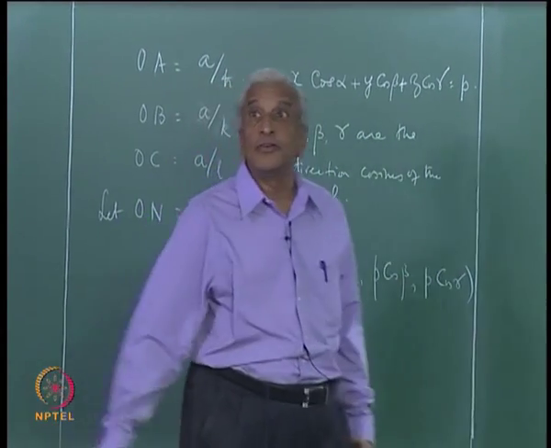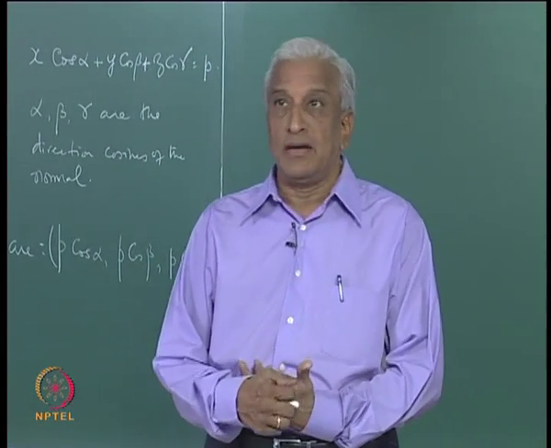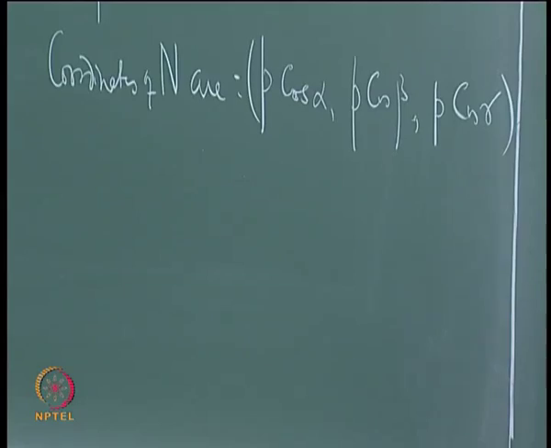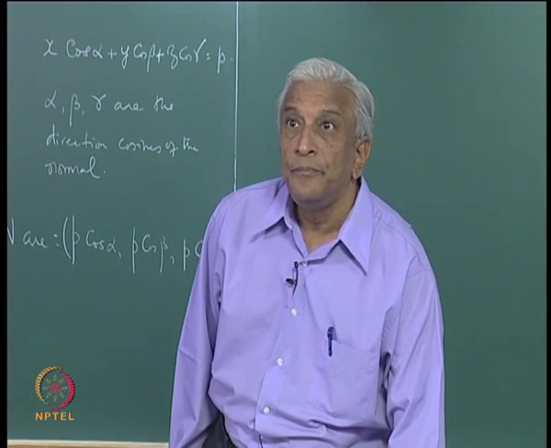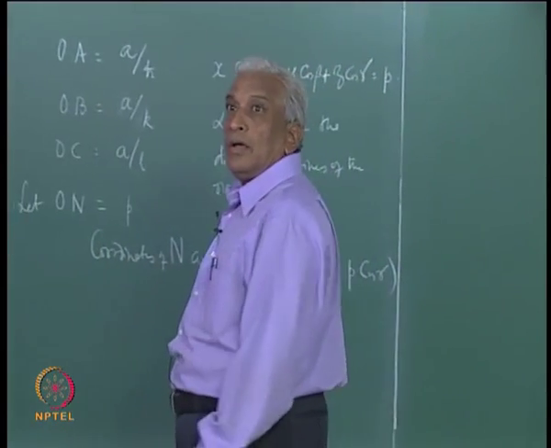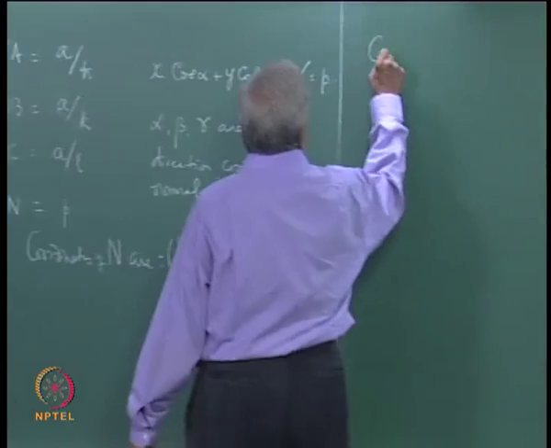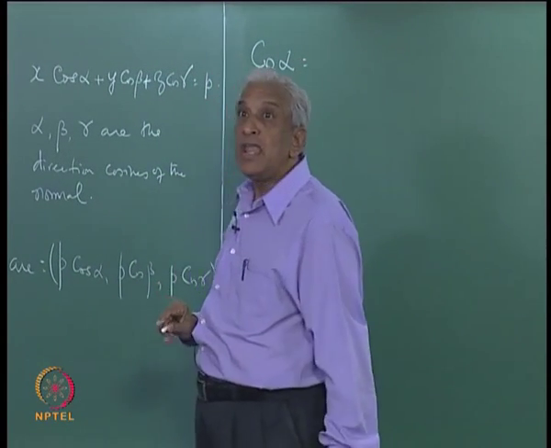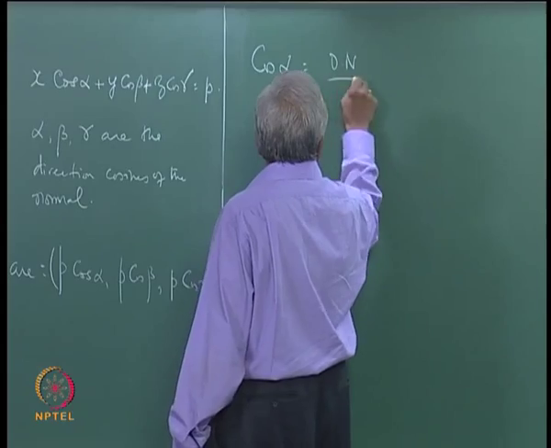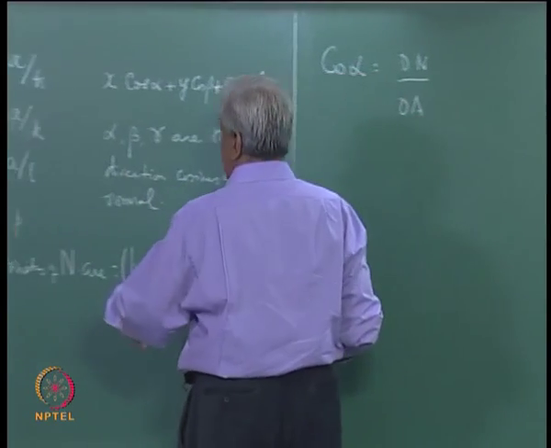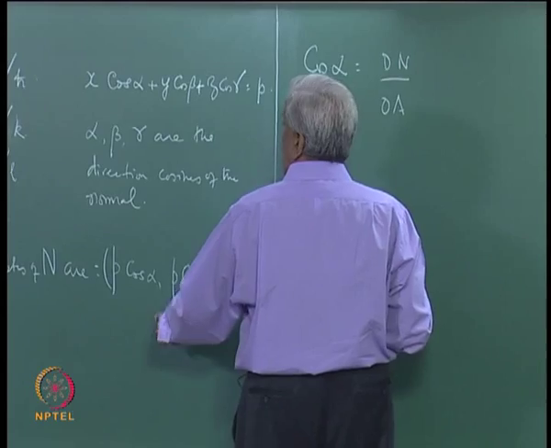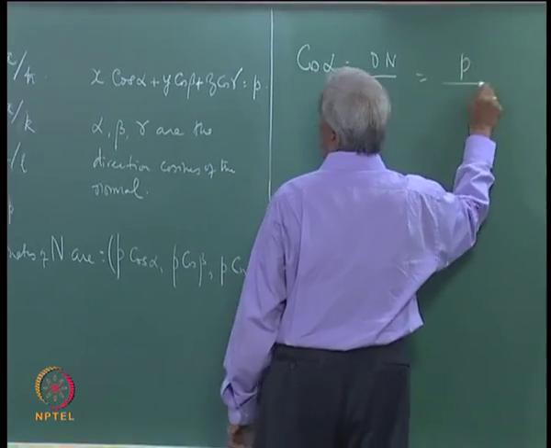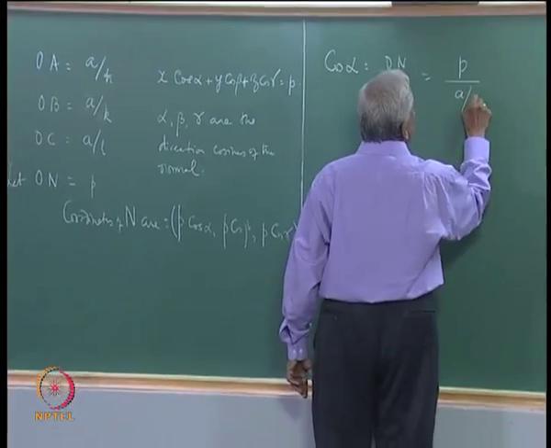Now, referring to the figure, the triangle ONA is a right angle triangle, with cos alpha being ON by OA, and ON is p, and OA is a by h.